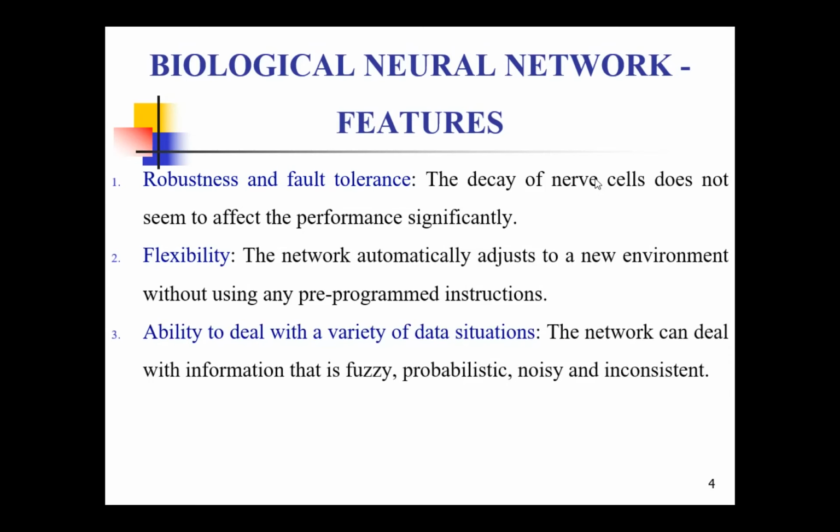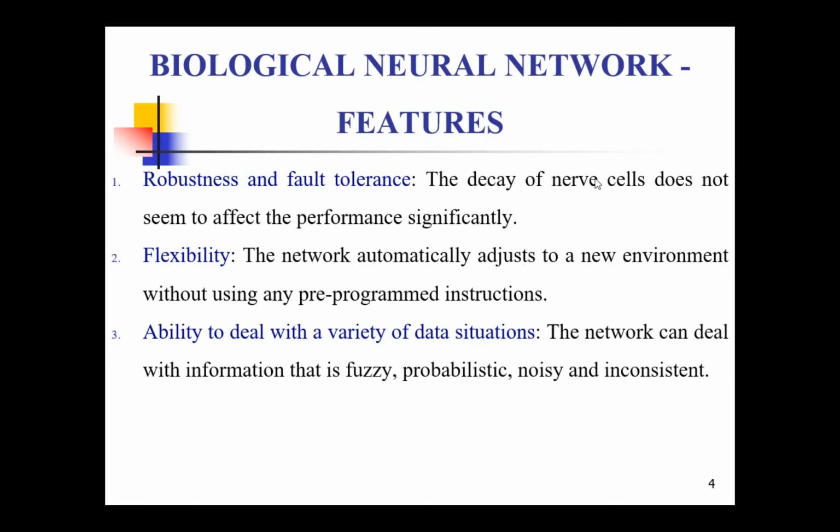The main advantage of the biological neuron is that it can deal with a variety of data situations. The data can be fuzzy, that is, lacking in clarity, but machines accept only zeros and ones. Even though the available information is fuzzy, that can also be dealt with by biological neurons.